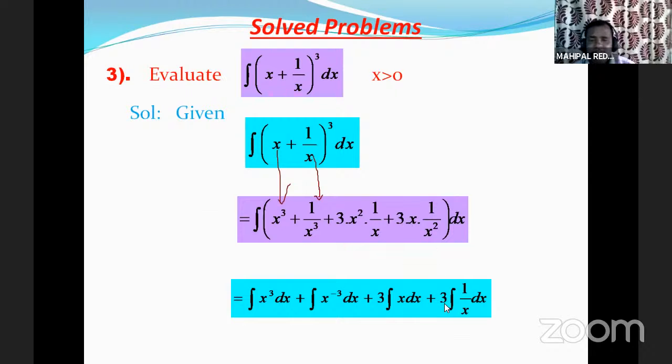And again 3 outside, x by x square is nothing but 1 by x. So the result is integration of x cube dx plus integration of x power minus 3 dx plus 3 into integration of x dx plus 3 into integration of 1 by x dx.